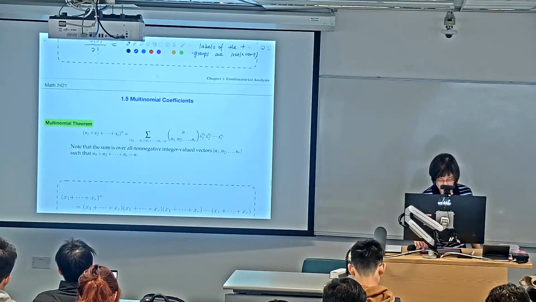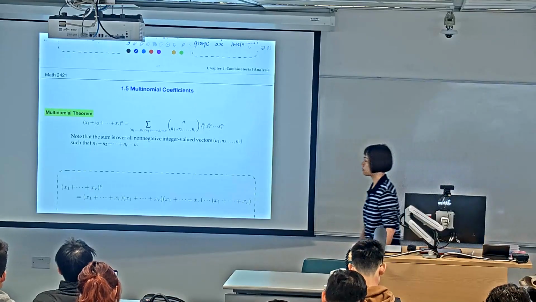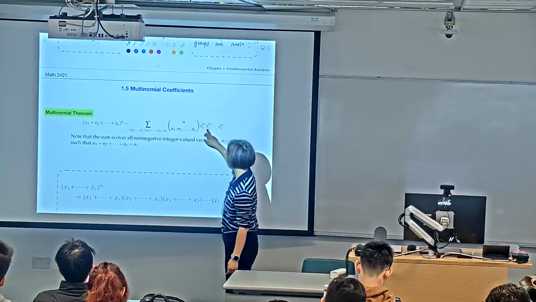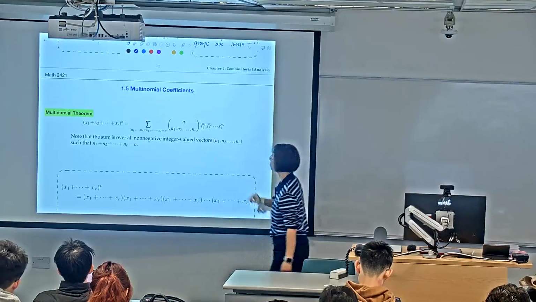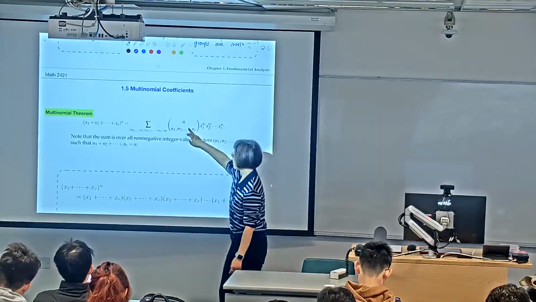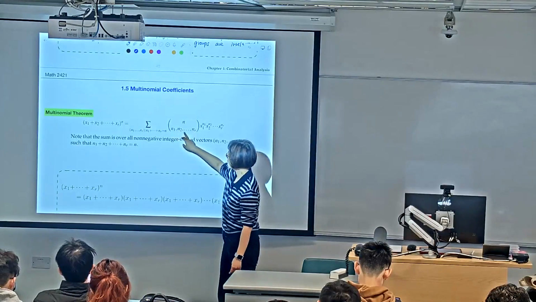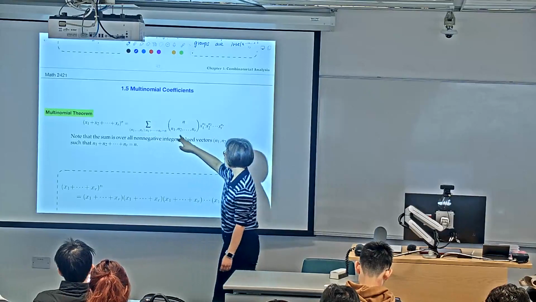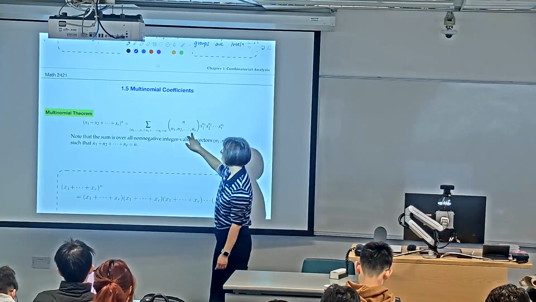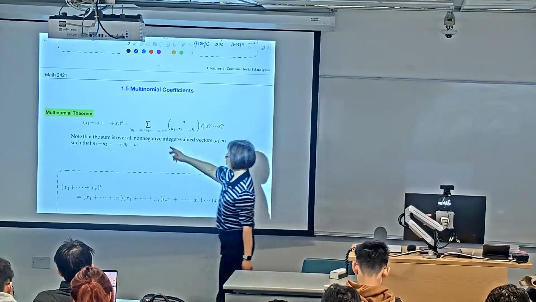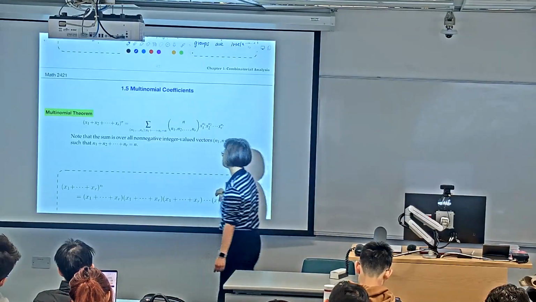And this can be written as this summation. Each summand looks like x1 to the power n1, x2 to the power n2, up to xr to the power nr, with a multinomial coefficient n choose n1, n2, ..., nr in front. This sums over all the n1, n2, ..., nr which are non-negative integer values, with the constraint that their sum equals n.